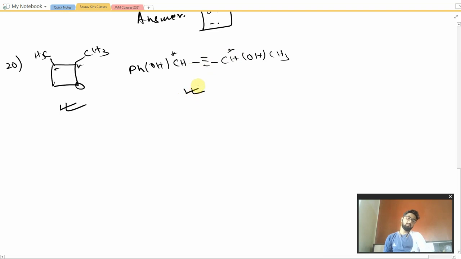Now, in this molecule, let me draw the structure first. This molecule also will be showing stereoisomerism. Why? Because this carbon and this carbon are chiral, so they will be showing the two enantiomers, D and L isomers. So they will be exhibiting stereoisomerism.